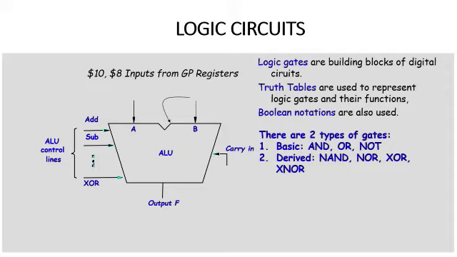That is, if you have A NOR B, the result gives you not (A or B). So that's the NOR.